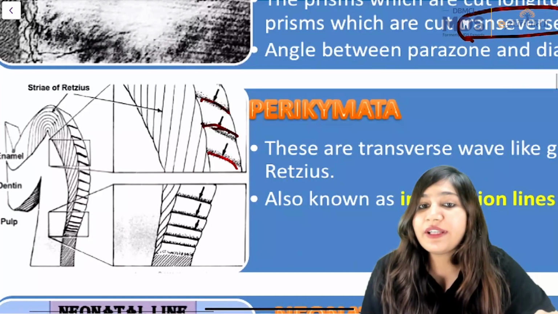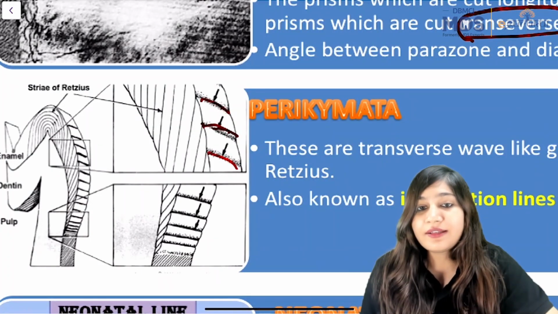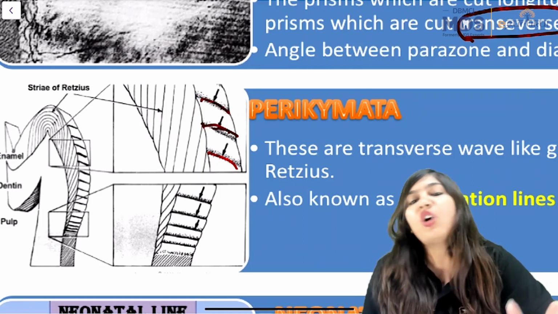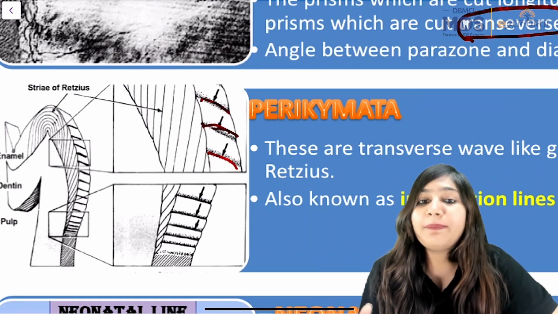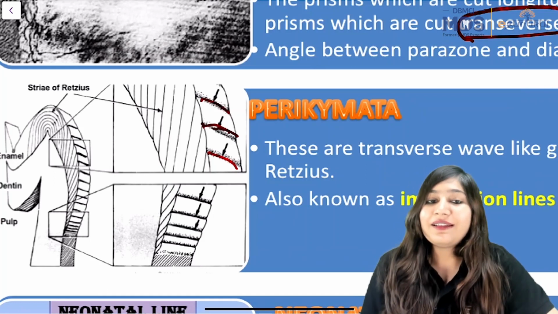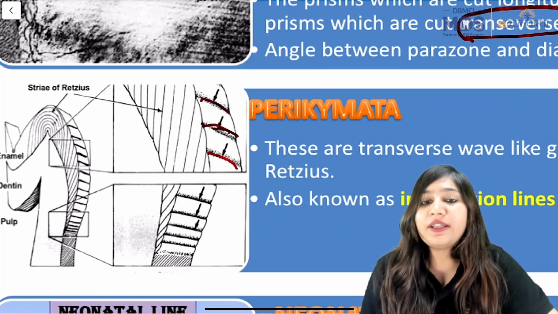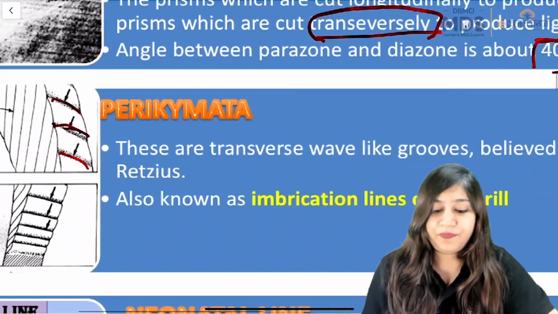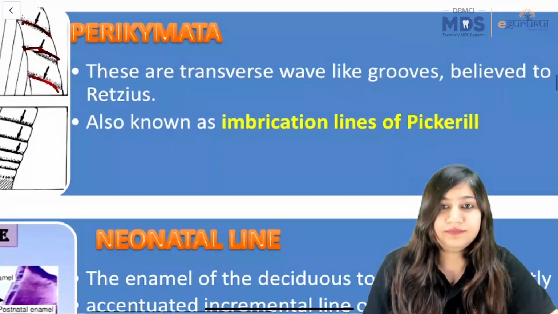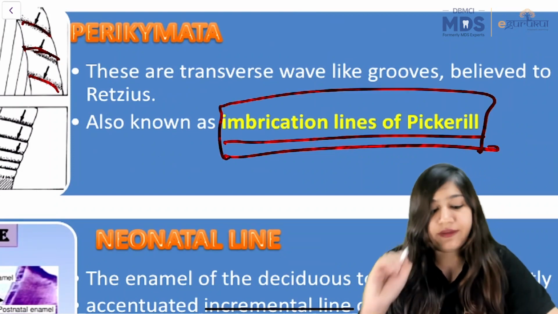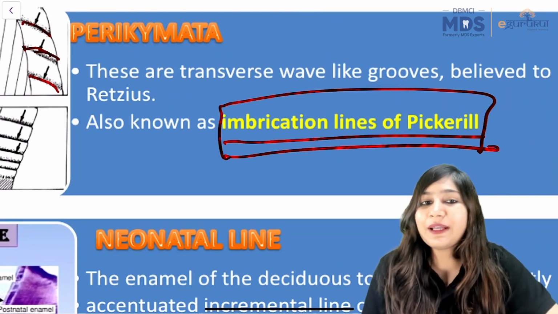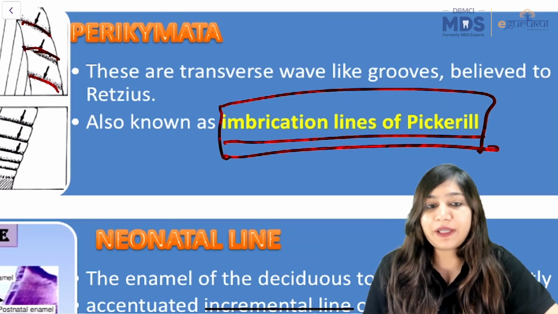We had an option here, imbrication lines. So don't get confused. What are imbrication lines? It is the other name for perikymata. They are also known as imbrication lines of Pickerill.